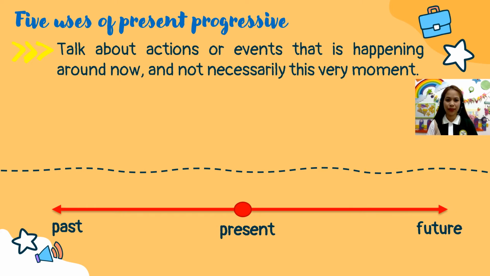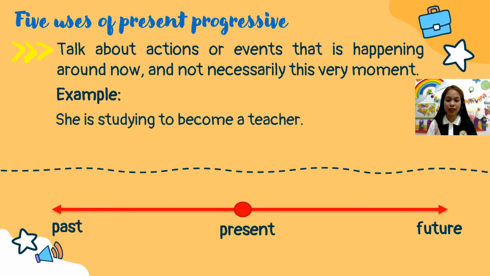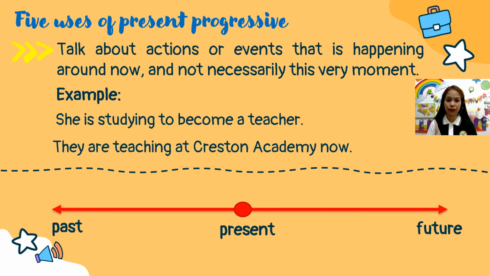Next one, to talk about actions or events that are happening around now and not necessarily this very moment. Example, she is studying to become a teacher. They are teaching at Creston Academy. Is studying and are teaching are both in present progressive tense.